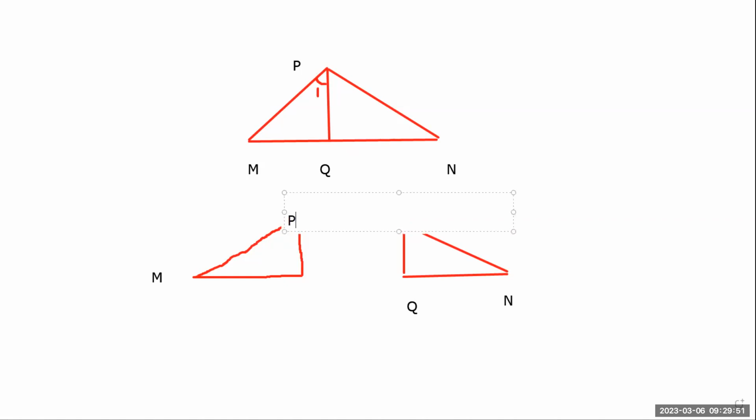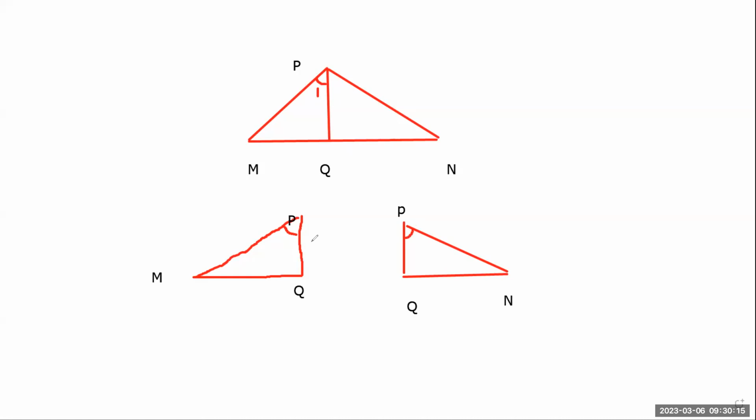My apologies. This is P and this is Q. So now angle 1 is MPQ. They've given you this angle and this angle are congruent to each other, right?